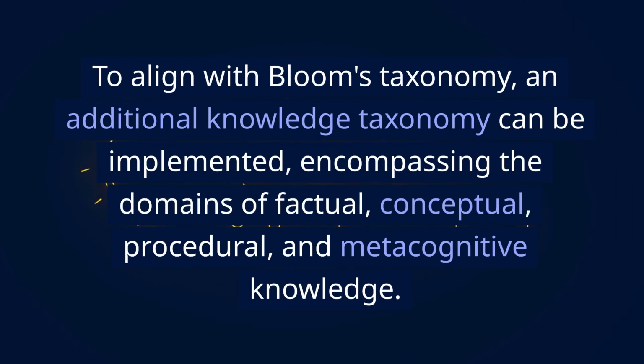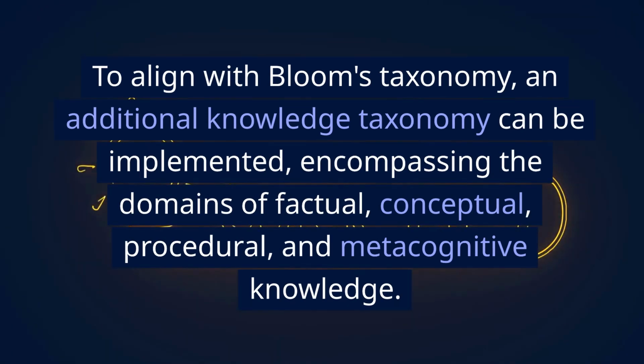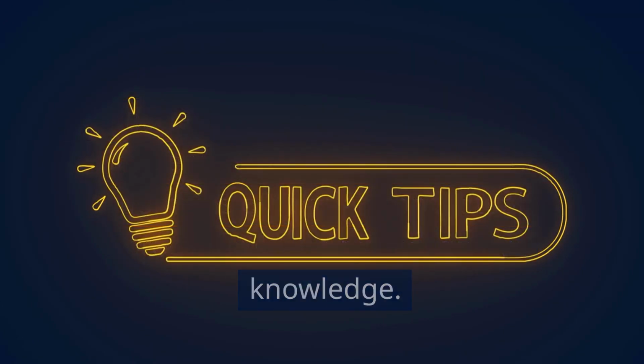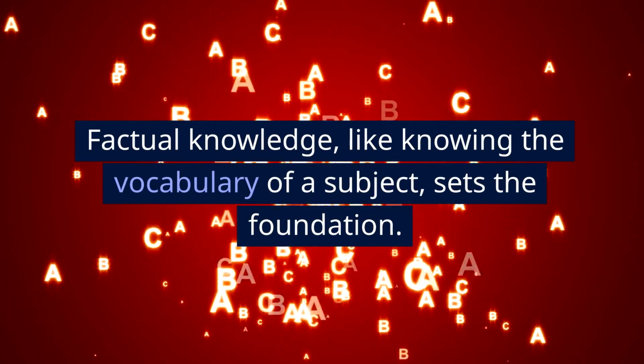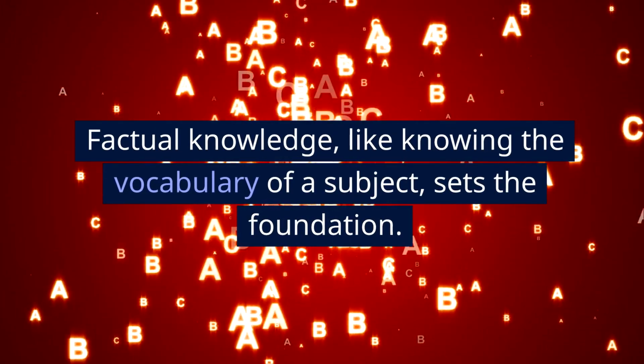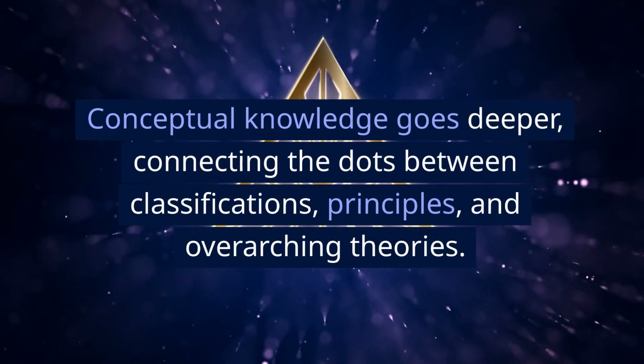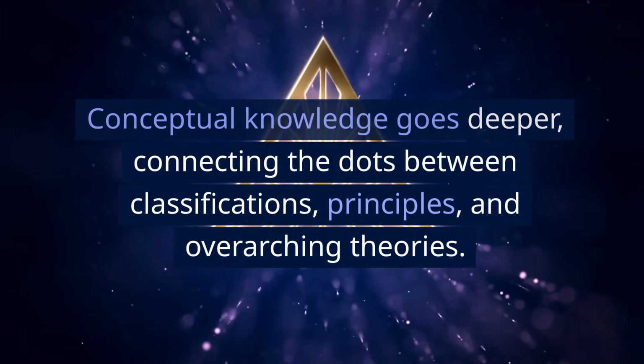To align with Bloom's taxonomy, an additional knowledge taxonomy can be implemented, encompassing the domains of factual, conceptual, procedural, and metacognitive knowledge. Factual knowledge, like knowing the vocabulary of a subject, sets the foundation. Conceptual knowledge goes deeper, connecting the dots between classifications, principles, and overarching theories.